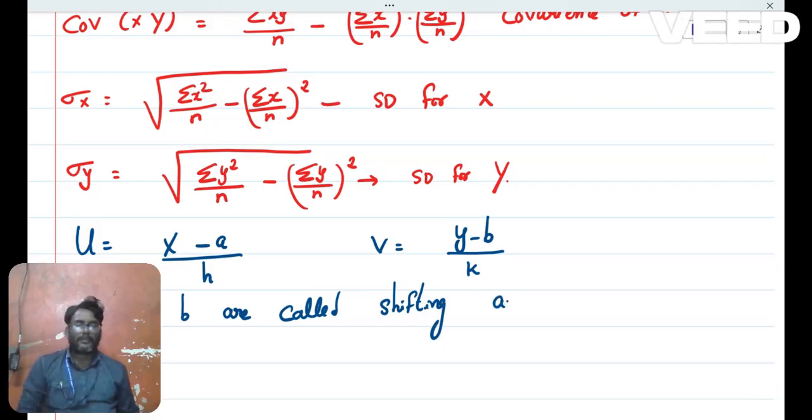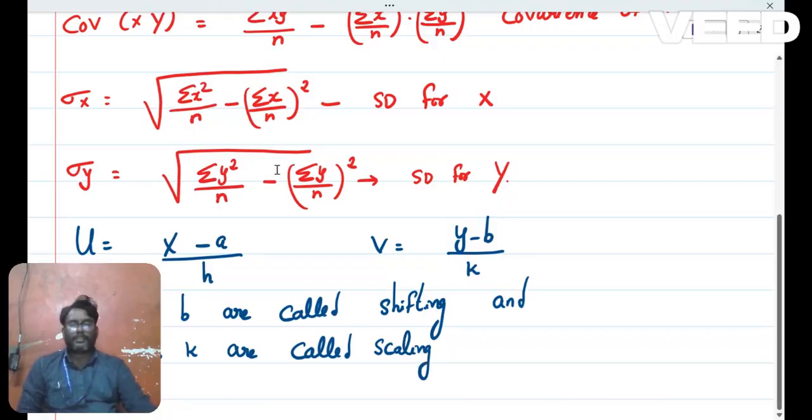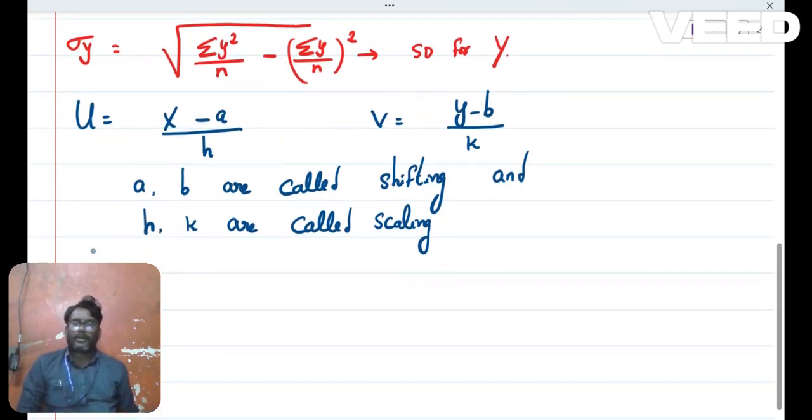and h, k are called scaling. So if you do the shifting and scaling, the correlation coefficient value is unaltered.